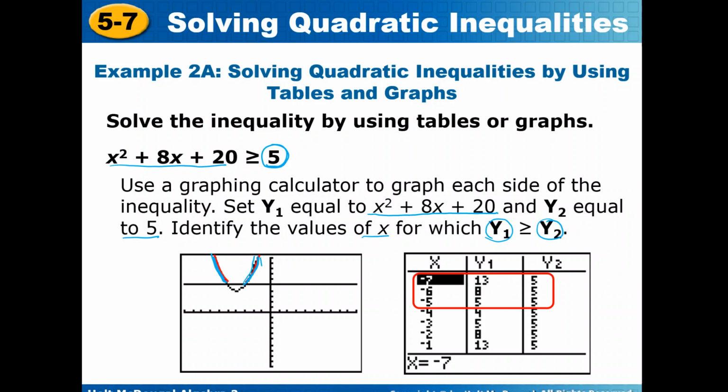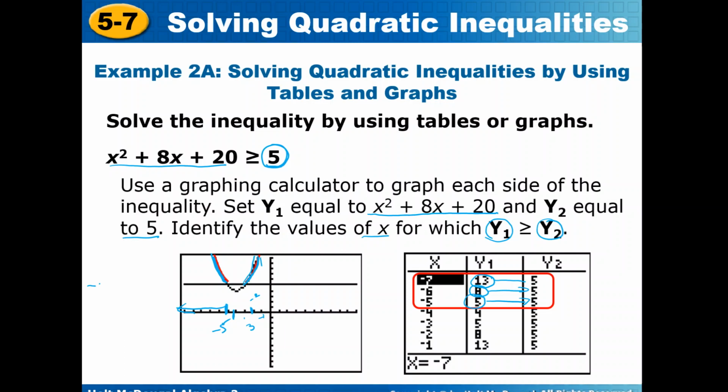You can see in your table, when x is -7, y is greater than 5. When x is -6, y is greater than 5. When x is -5, y is greater than 5. So if this is -1, this is -2, -3, -4, and here's -5. So we can see that -5 on.